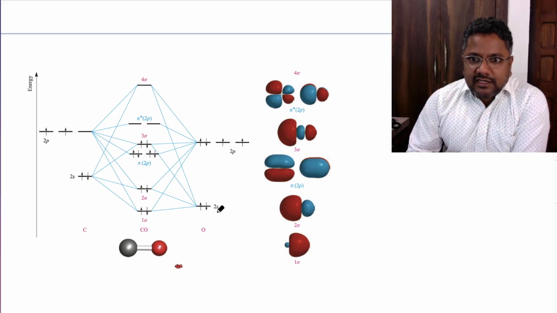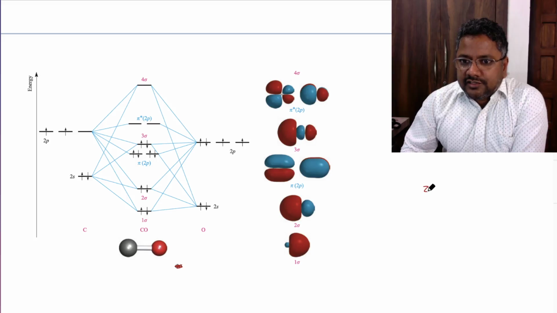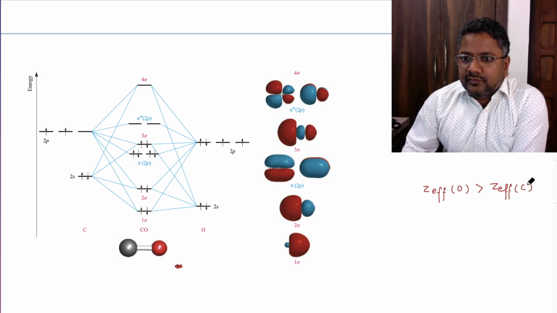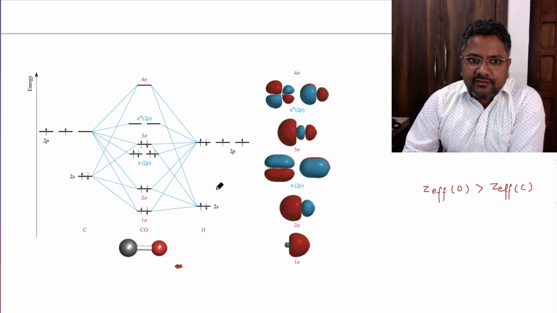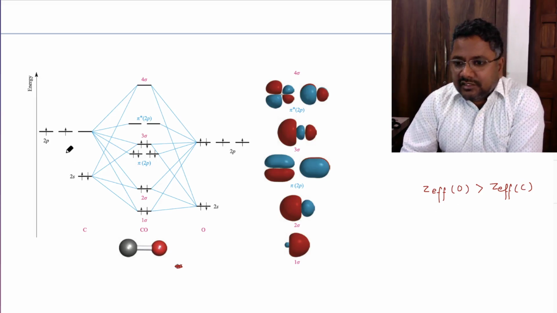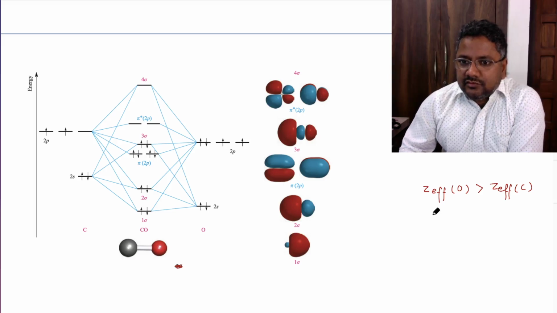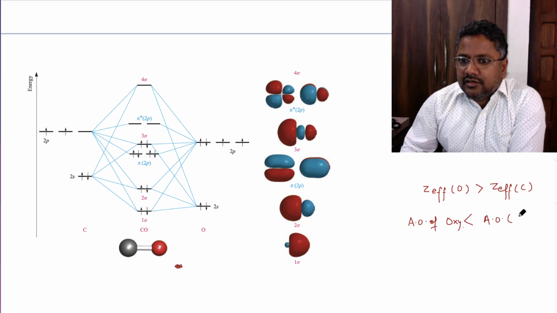See, for carbon and oxygen, Z effective of oxygen is more than Z effective of carbon. So if Z effective for oxygen is more, the atomic orbitals of oxygen have less energy than the atomic orbitals of carbon, right?